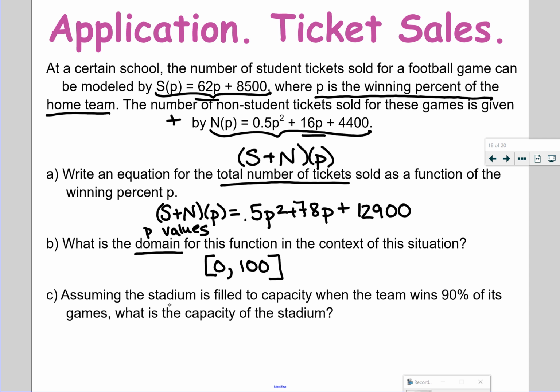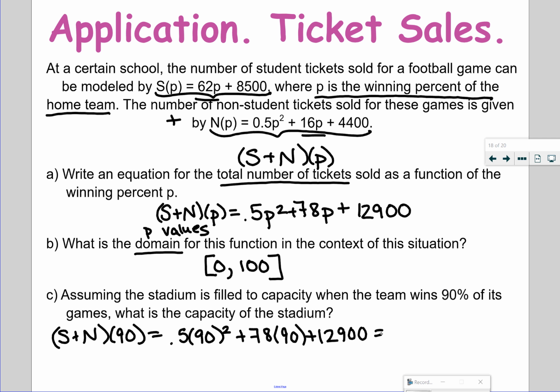Assuming the stadium is filled to capacity when the team wins 90% of its games, what is the capacity of the stadium? All right, so we're going to evaluate our function at 90, and that's going to tell us how many tickets they're going to sell if the winning percentage is 90%, and therefore also tell us the capacity of the stadium. So 0.5 times 90 squared plus 78 times 90 plus 12,900.